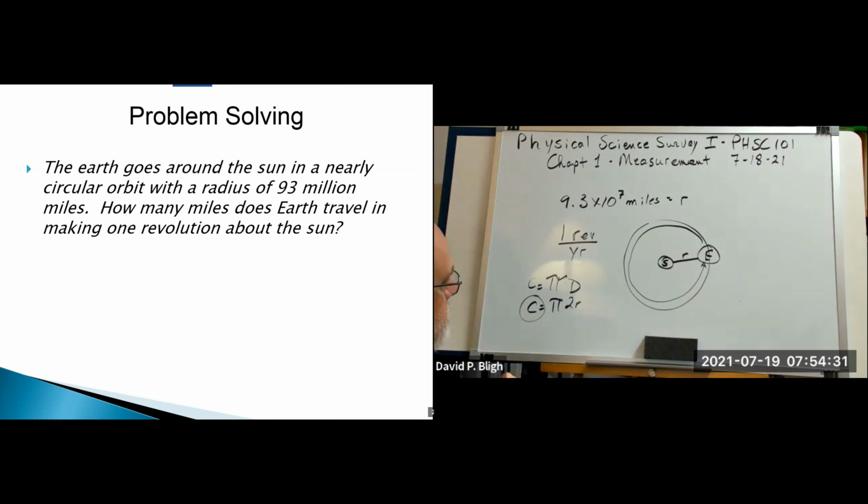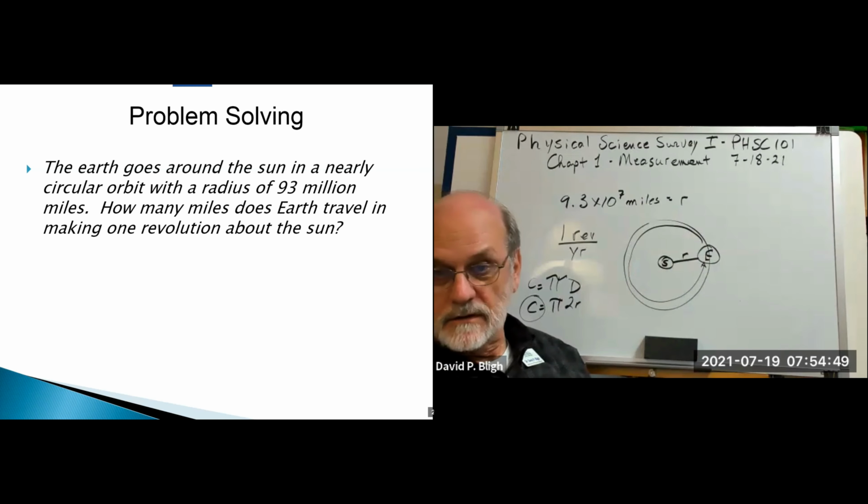Okay? So what information do we need to know? We really only need this one, right? Because plug in r here, times 2 times pi, and you've got the distance that you've traveled.